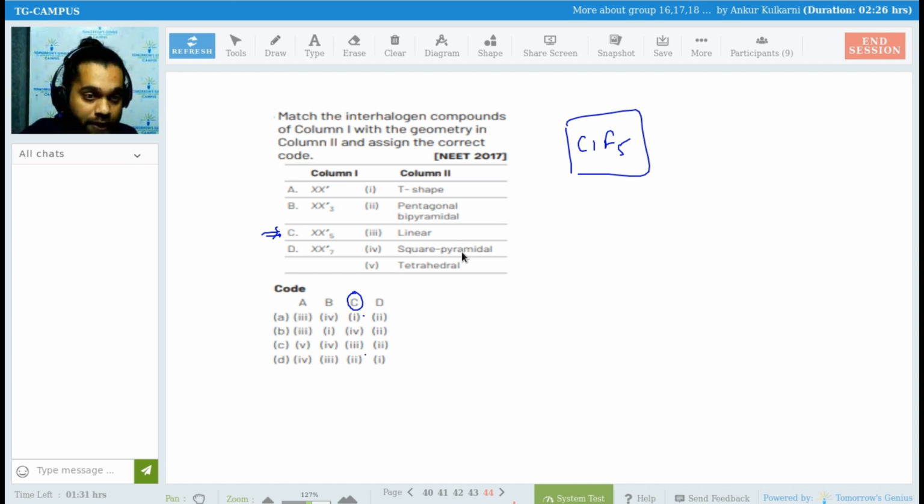Anthony, why are you not solving? Solve for ClF5, you'll get your answer. Is ClF5 that difficult? What is the shape of ClF5?